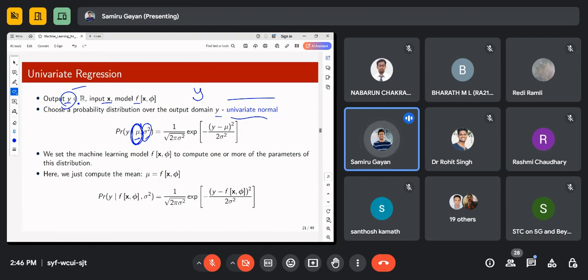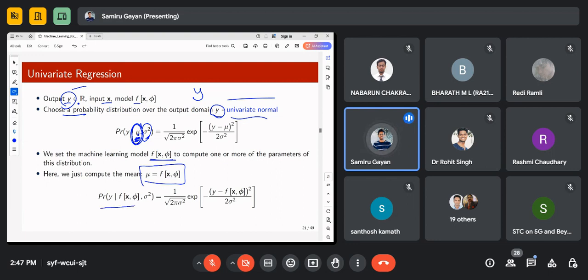That's what we are doing now. So we choose the univariate normal as the probability distribution of y, and we can predict mu, sigma, or both. In this example, we'll predict only mu. So the model does not predict y directly. Instead, it predicts mu.